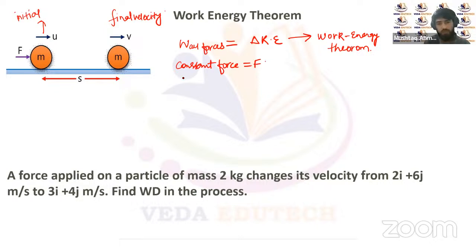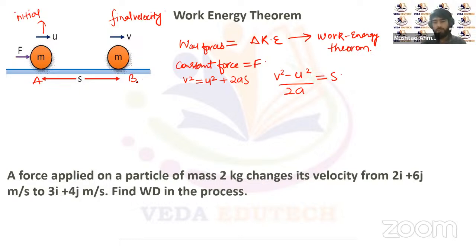We know that v square is equal to u square plus 2as, or we can write it as v square minus u square upon 2a, that's equal to s, where s is the displacement. So from position A to position B, the displacement of this body is s.